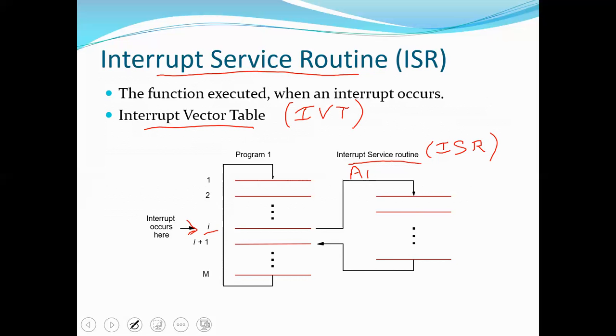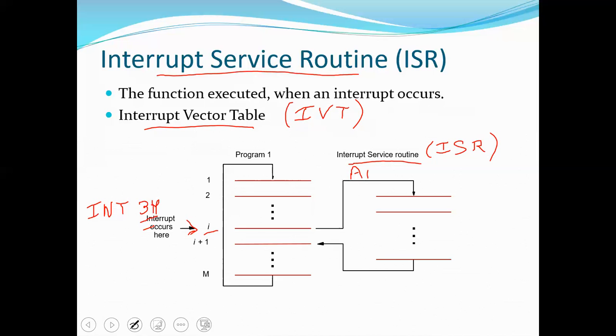There are many interrupts, like in assembly level language: int 3h, int 13h, int 15h. All these are different interrupts which cause a stop in the execution of the program.